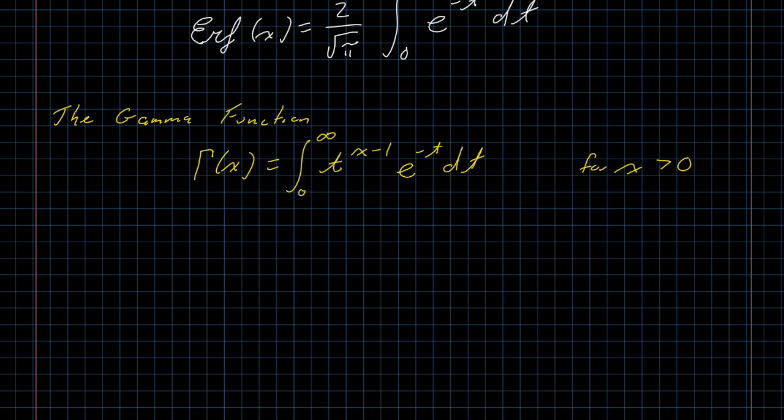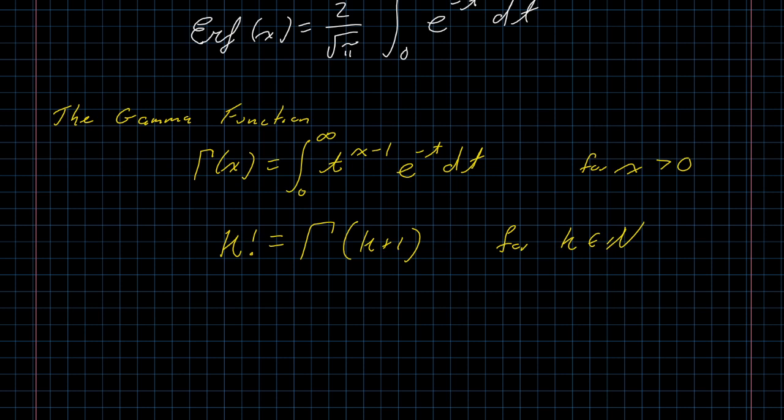The nice thing about the gamma function is that it is a way of generalizing the factorial. Some integer k factorial is the same thing as the gamma function evaluated at k plus 1, for any whole number k.